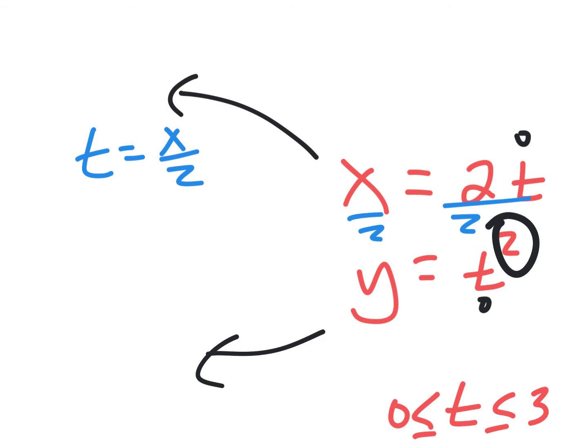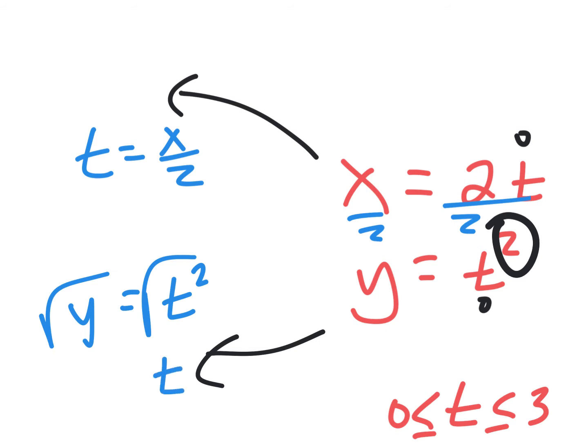When you square root both sides of this, do you know what happens? Okay, this becomes t equals the square root of y, but that's close, but that's not right. Who remembers? Absolute value.